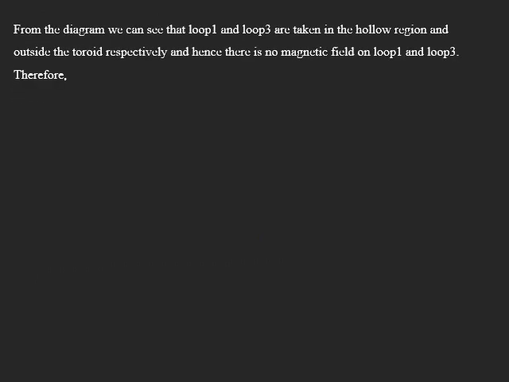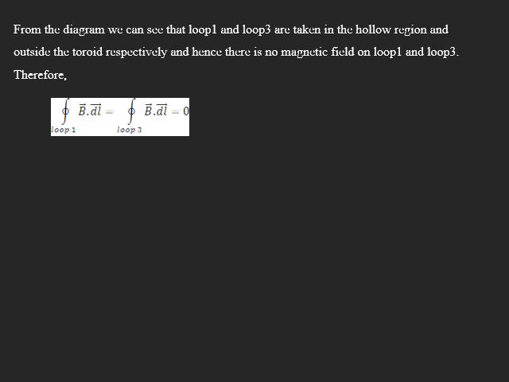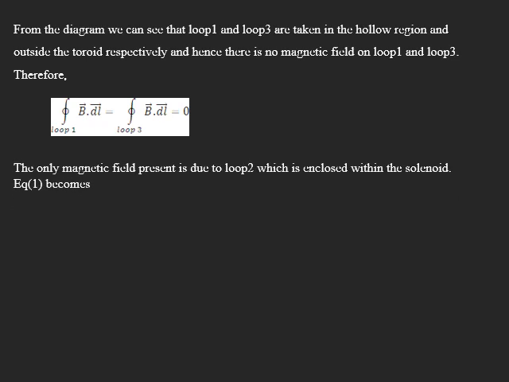From the diagram we can see that loop 1 is taken in the hollow region and loop 3 is outside, where there is no magnetic field for both loop 1 and loop 3. Therefore, integral B dot dl for loop 1 as well as loop 3 goes completely to 0. The only magnetic field present is within the toroid, that is your second loop that you have taken as your Amperian loop.